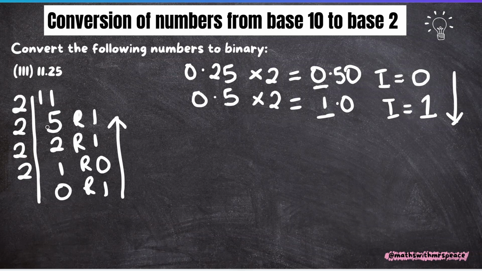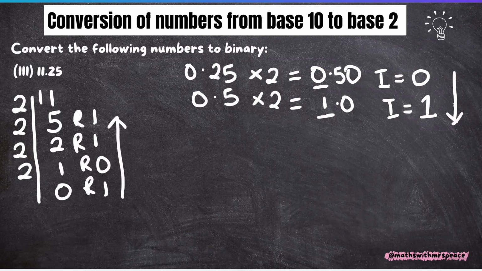Whole number part is repeated division. Fractional part is repeated multiplication. In the whole number part, we are interested in our remainders, while in the fractional part, we are interested in the integer or the whole number part of our result. Also, in the whole number part, we write out the remainders from down to up, but in the fractional part, we write out the integers from up to down.